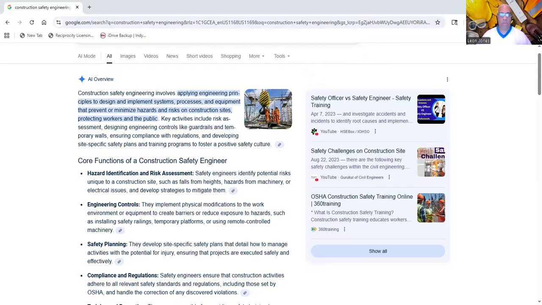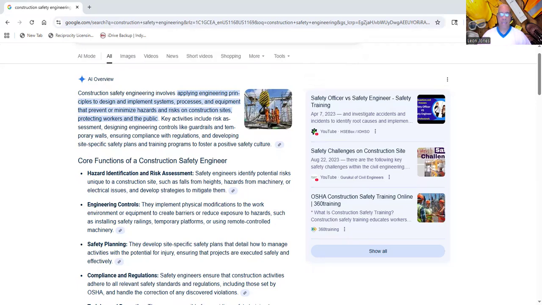Construction safety engineering involves the application of engineering principles to design and implement systems, processes, and equipment that prevent or minimize hazards and risk on construction sites, protecting workers and the public.